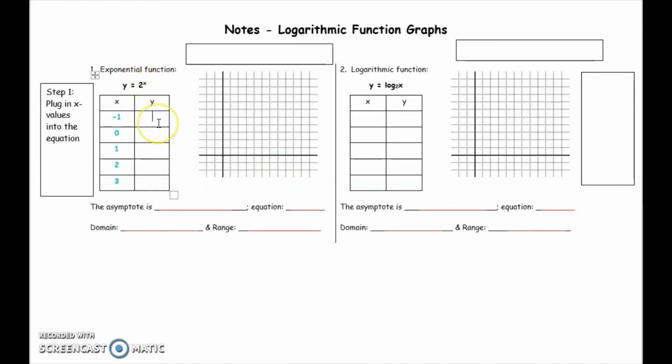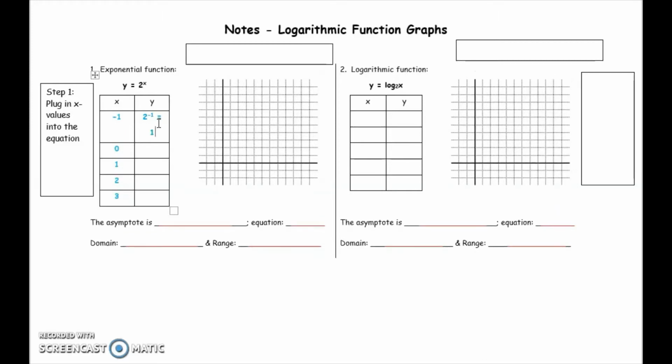What this is saying is 2 to the negative first power. Well, negative exponents flip them, so that means it becomes a fraction. So 2 to the negative first is really just 1/2.